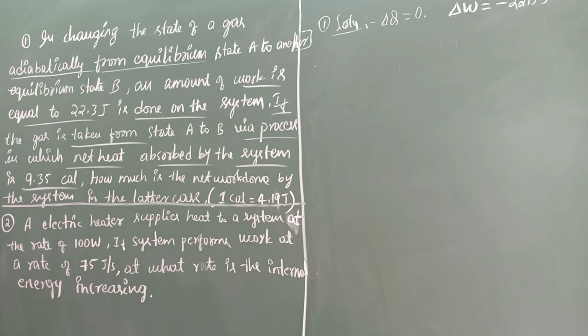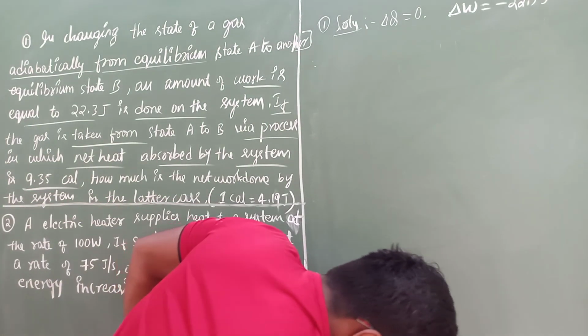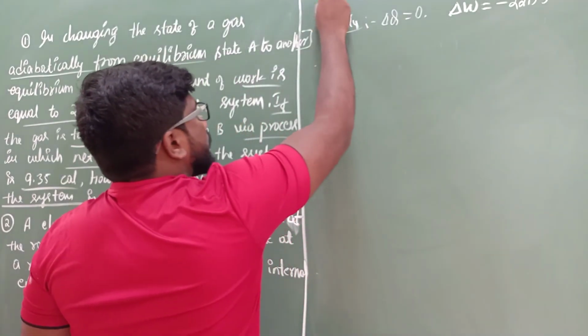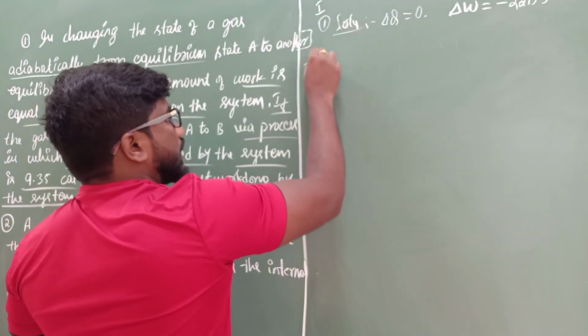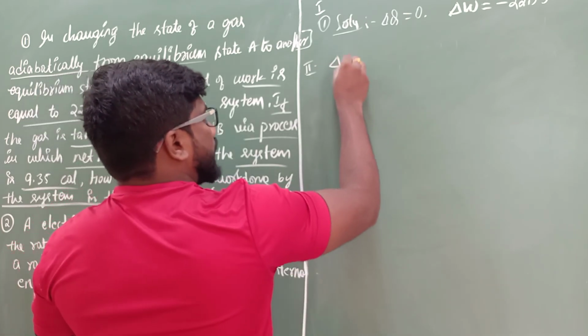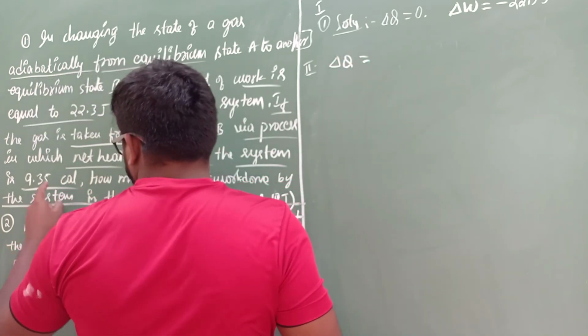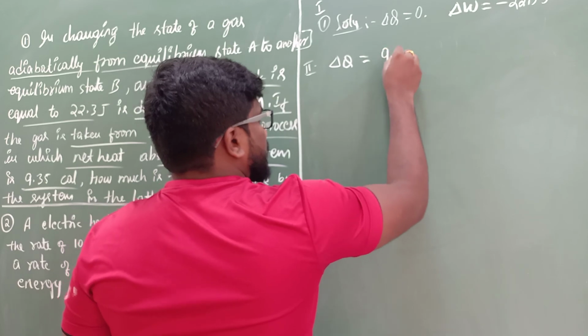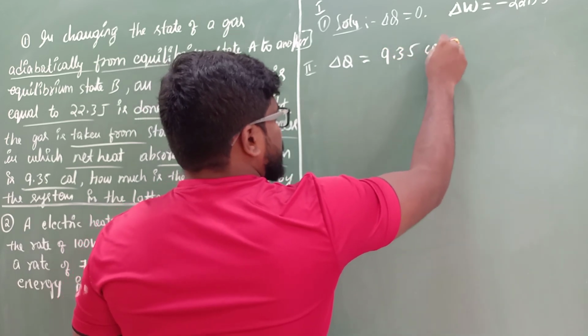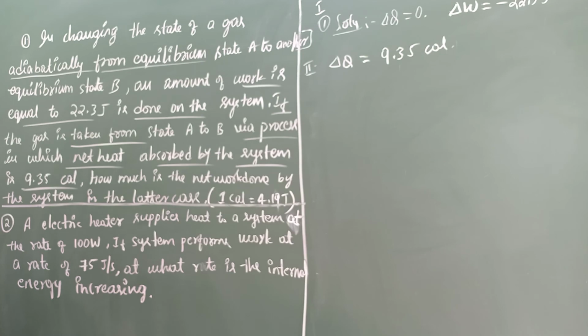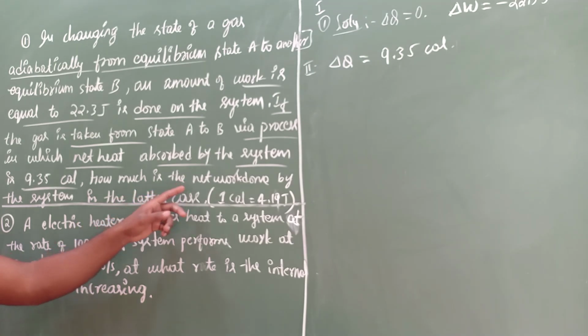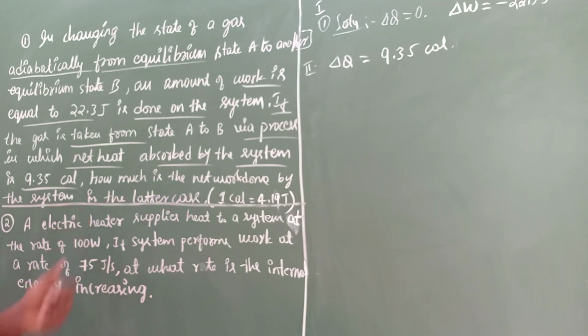So in the second case, delta Q is given as 9.35 calorie. How much is the net work done by the system in the later case?